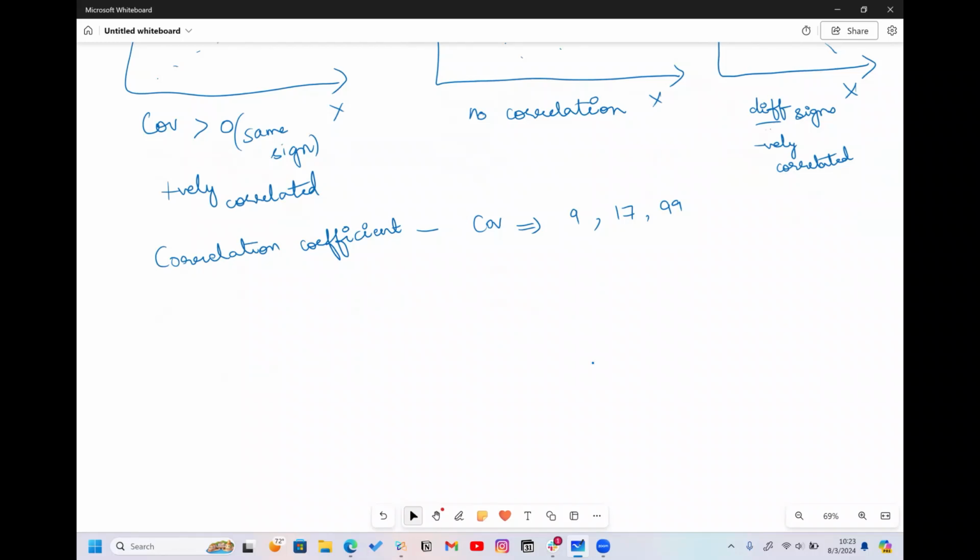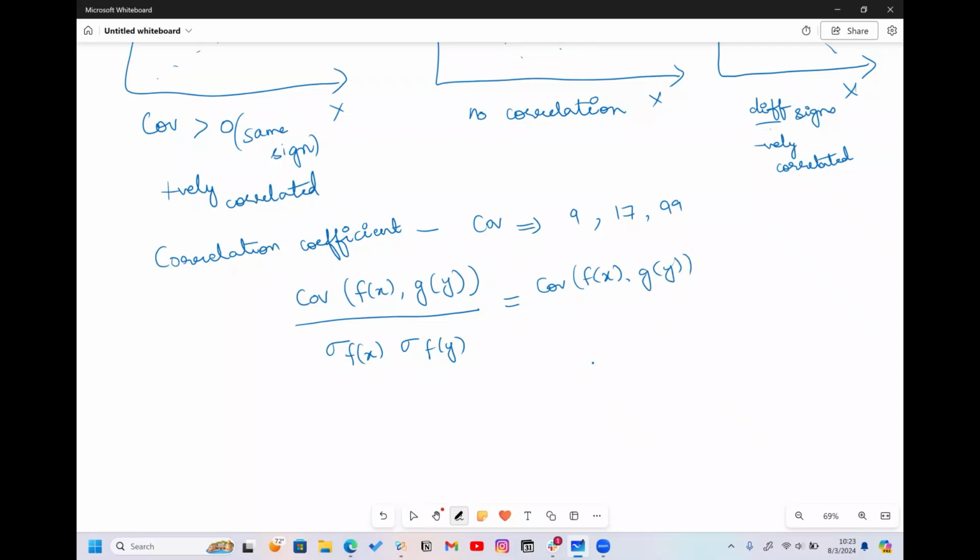That's why we try to standardize the covariance. Say we have the covariance of f of x and g of y. What we do is we standardize it by dividing by their respective standard deviations, which you can also express in terms of their variances: the square root of variance of f of x and the square root of variance of g of y.